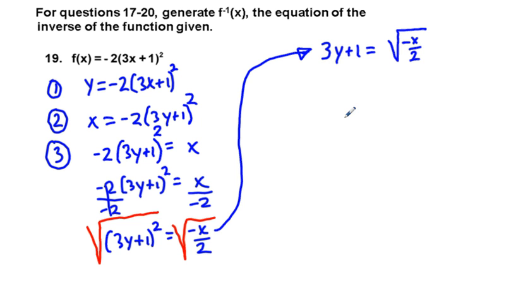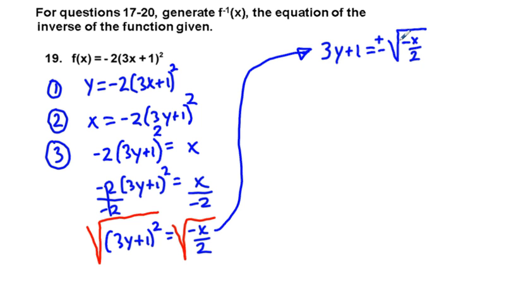Now, is this the proper algebraic step? Well, when we take the square root of a squared, on the other side we're going to have plus or minus when we solve using the square root. So we have plus or minus the square root of negative x over 2.